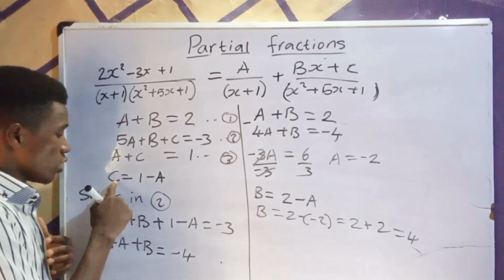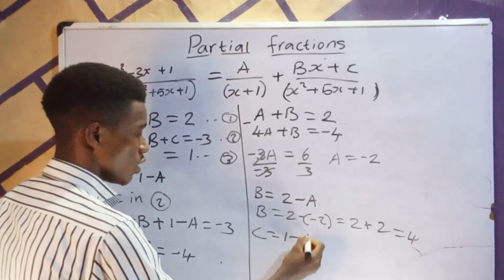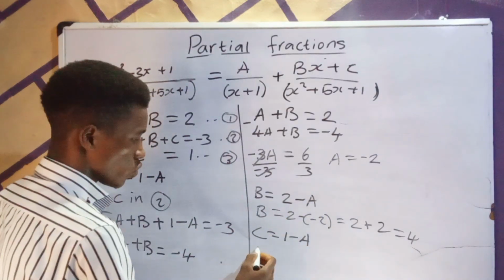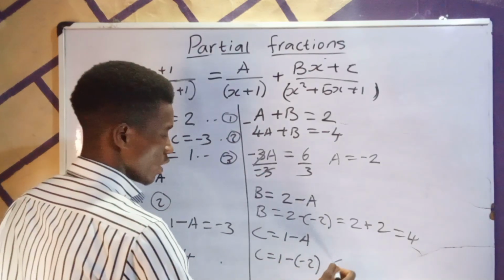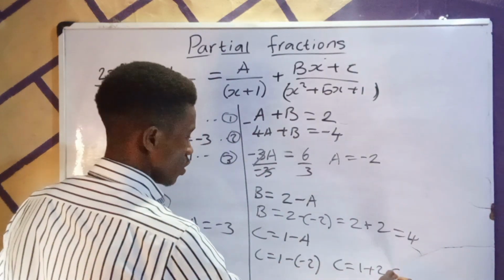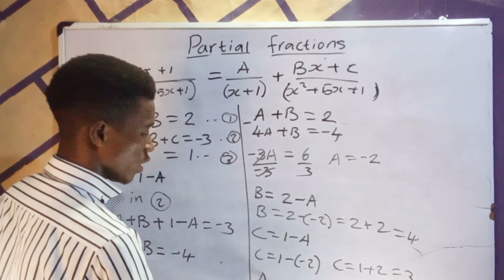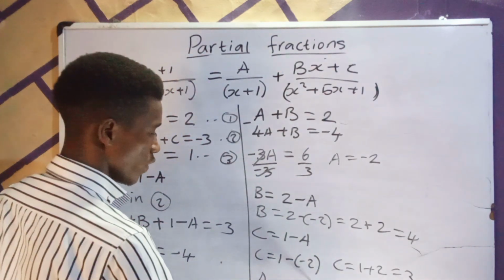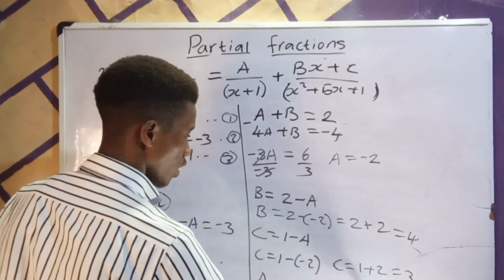So C equals 1 minus A. But A is minus 2, so C will be equal to 1 plus 2, which is 3. So I've gotten the value of A as minus 2, B as 4, and C as 3.